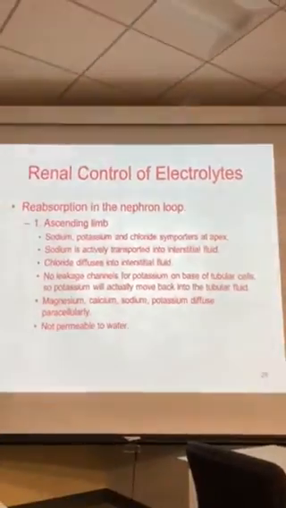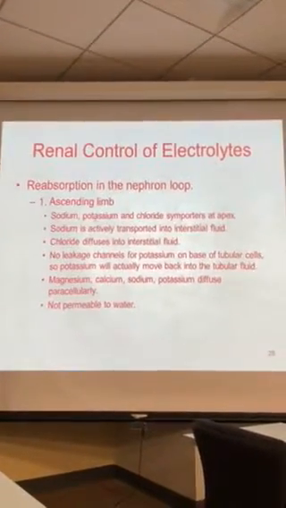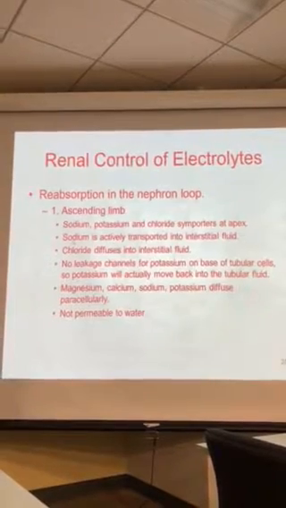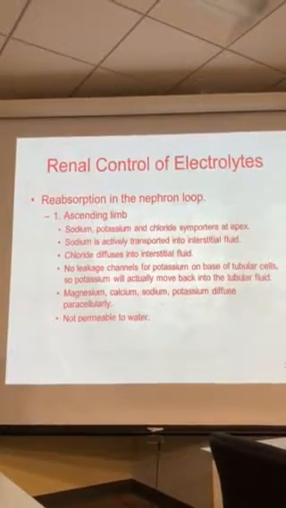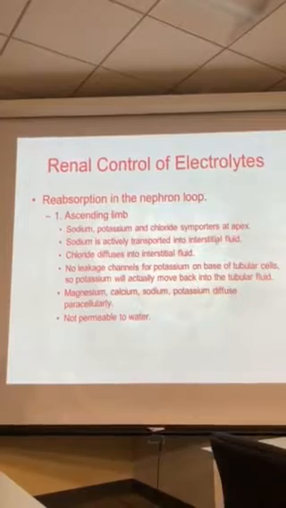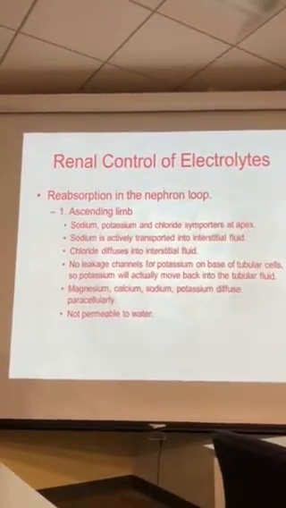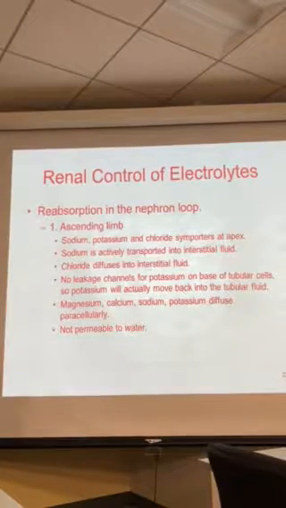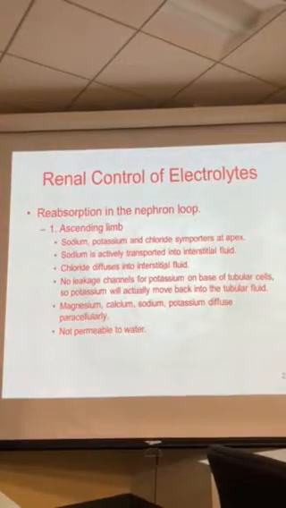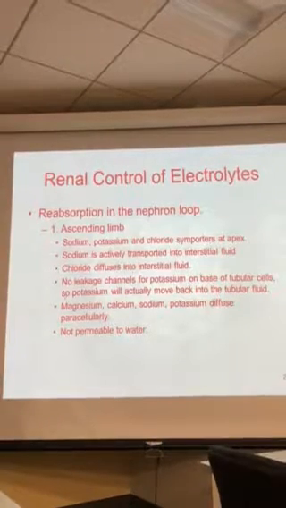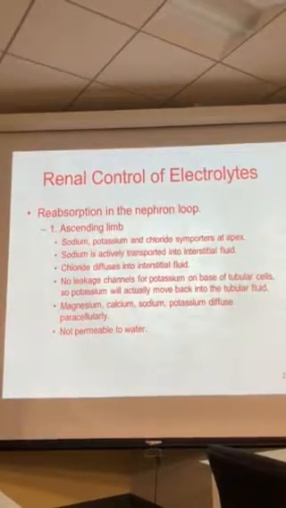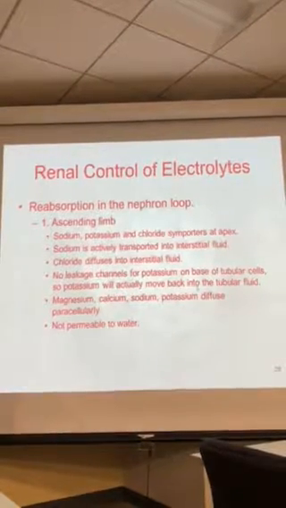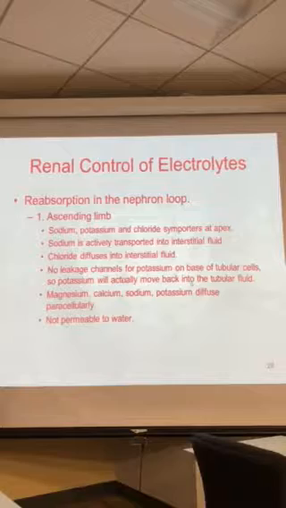So here, we look at the ascending limb. You have sodium, potassium, and chloride symporters at the apex. Sodium is actively transported into the interstitial fluid. Active transport just means that you have to use ATP to do it. Chloride is going to diffuse into the interstitial fluid paracellularly. And then there's no leakage channels for potassium on the base of tubular cells, so potassium is going to move into that tubular fluid for free.